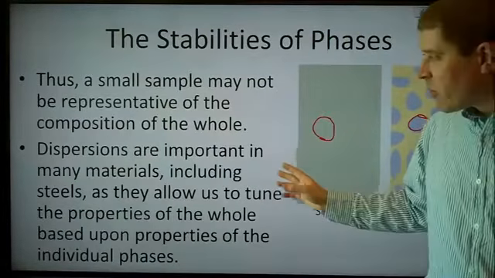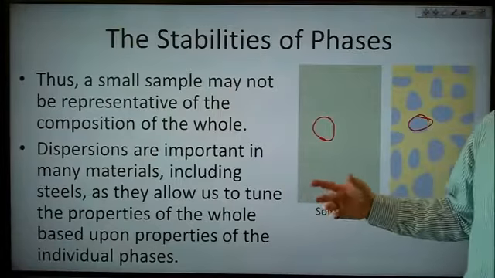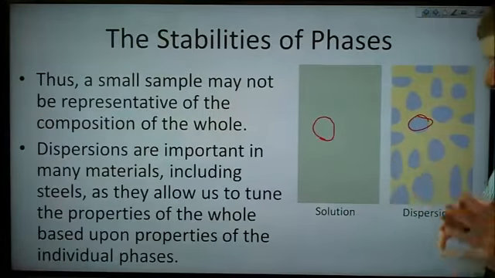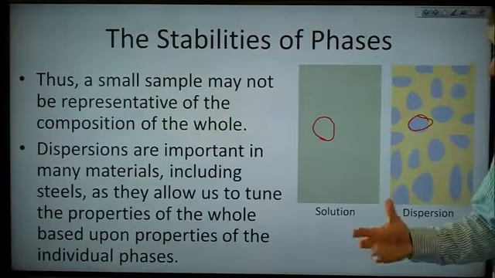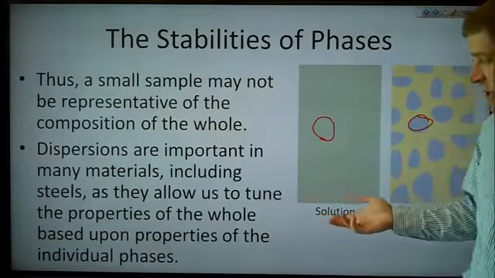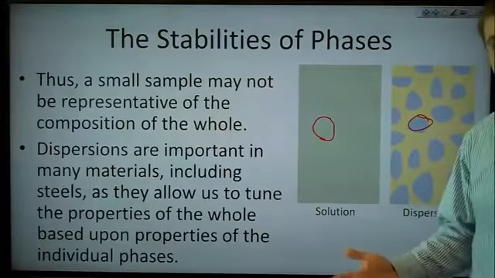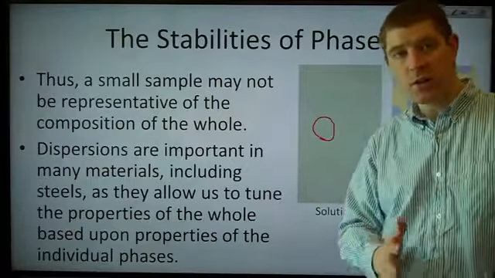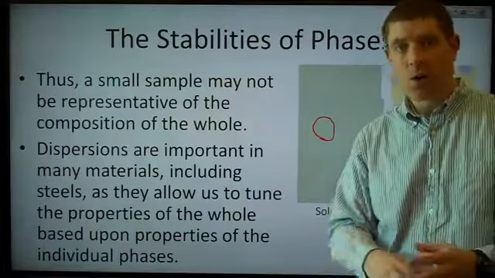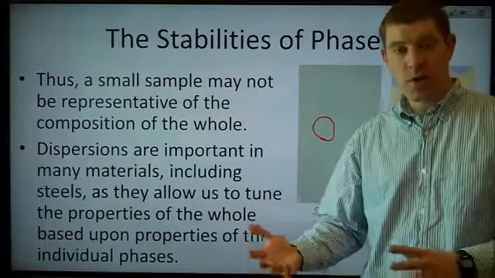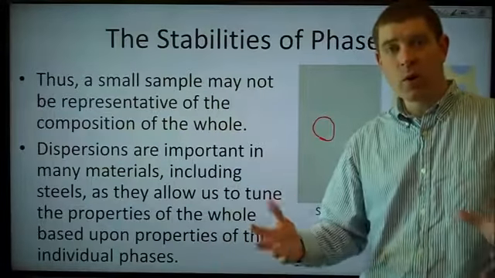So dispersions are important in many materials, including things like steels, because they allow us to tune the properties of the whole steel or the whole dispersion based on the individual properties of the individual phases present. So for steels, this is important because we may want a steel that is a little more brittle but stronger, or a steel that is a little bit weaker but is able to flex more, depending on what we want.